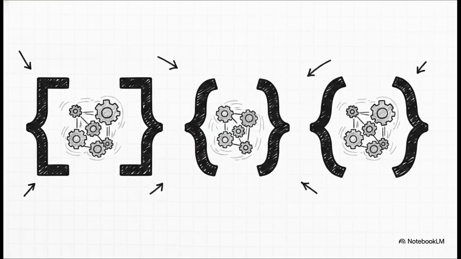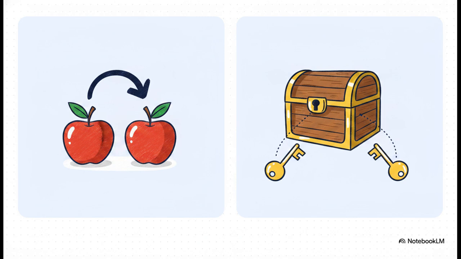Now let's contrast those primitives with references. In the source material, this is wonderfully described as the game of brackets. Any value containing square brackets for arrays, curly brackets for objects, or round brackets for functions automatically falls into this much more complex reference category. So the crucial point here is how these two types behave when you try to copy them.